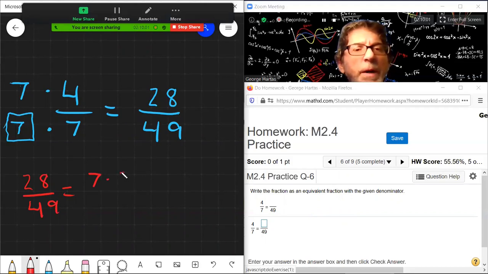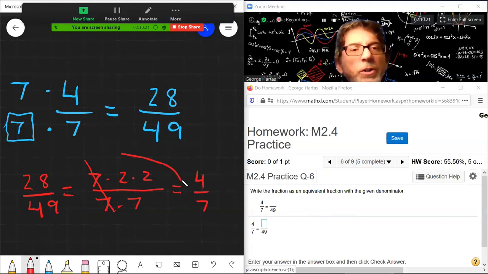And 4 is the same as 2 times 2. You won't have to do this. I'm just trying to show you that these are equivalent and you can go backwards from here to here. 49 is the same as 7 times 7. These cancel. And what do you have left over? 4 over 7, which was our original fraction on the left. See that?